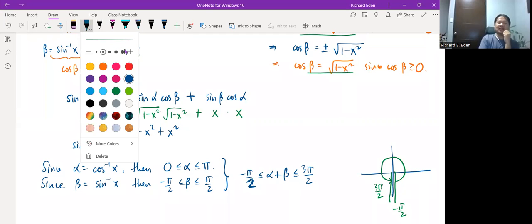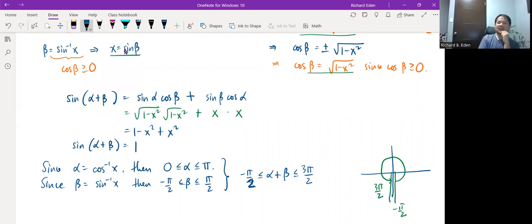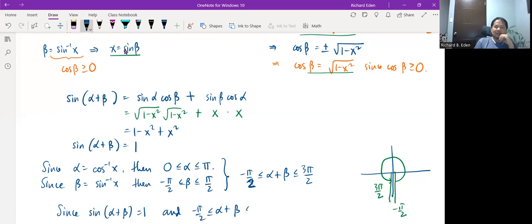Many or only one? There's only one. And what is that angle? Exactly pi over 2. All right, so there you go. Then sine of alpha plus beta is equal to 1, and alpha plus beta is between negative pi over 2 and 3 pi over 2.